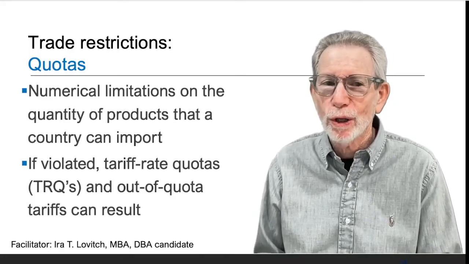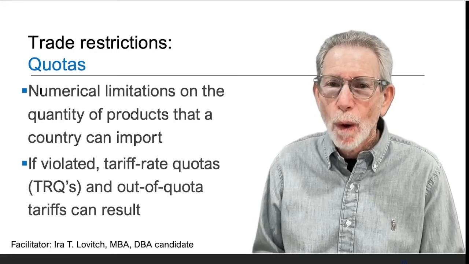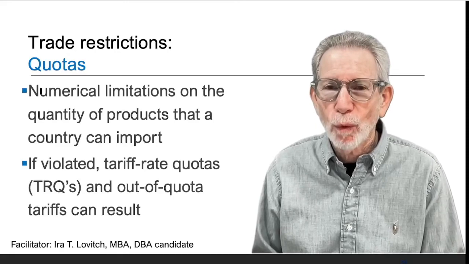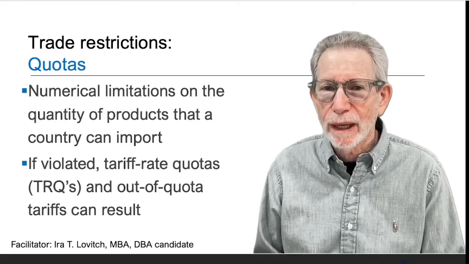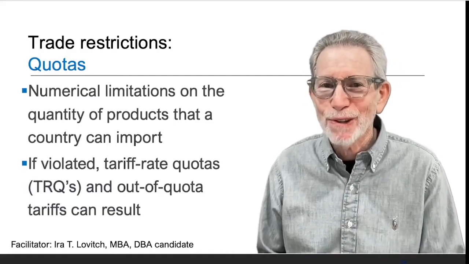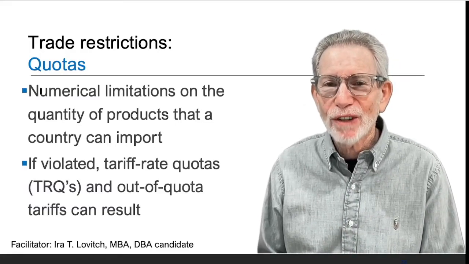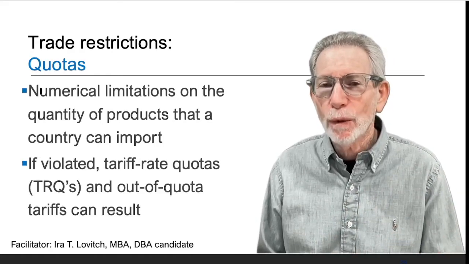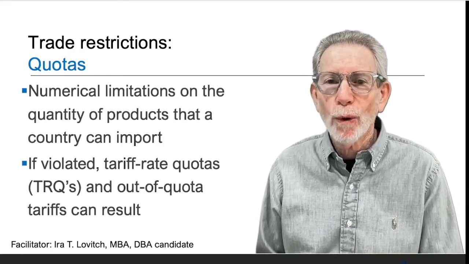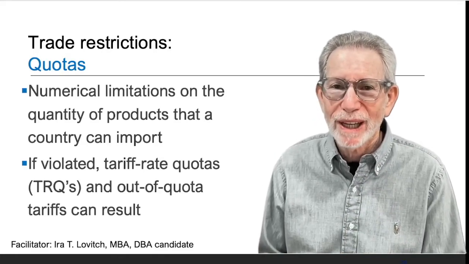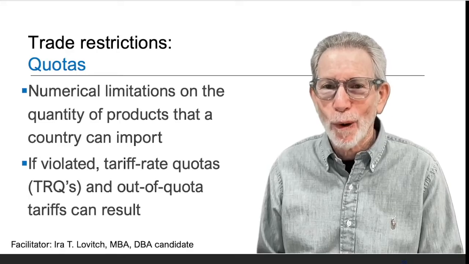It's called TRQs or tariff rate quotas, or an assessment or a penalty for an out of quota amount of imports that go into a nation, and that sort of turns it back into a tariff. But essentially, a tariff is a percentage, like a tax, on what is brought in, and a quota is a limitation on what a nation is allowed to bring in specific categories.